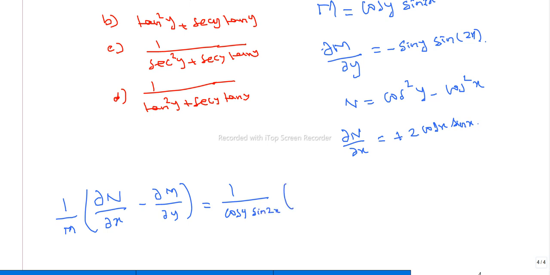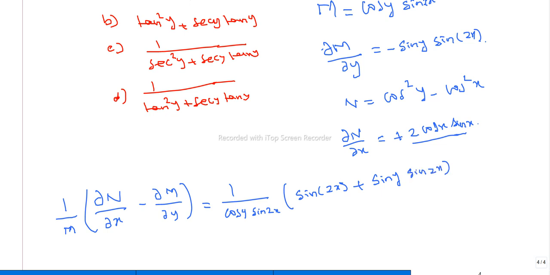What is the subtraction? This 2 sin a cos a is nothing but sin 2a, that is the formula. So dou N by dou x is actually 2 times sin x cos x, therefore sin 2x, minus dou M by dou y, already we have minus, therefore plus sin y into sin 2x.